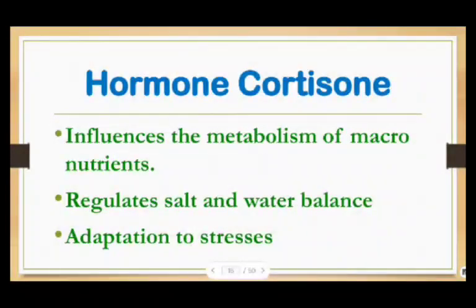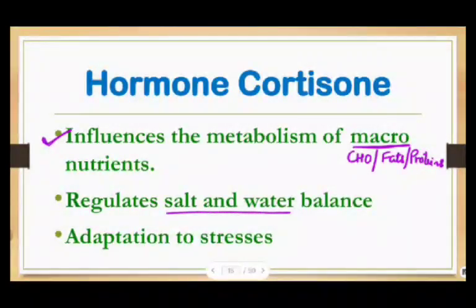So the hormone cortisol influences the metabolism of macronutrients. What are the macro? Macro means big, the bigger molecules. What are the macronutrients? The carbohydrates, the fats, and proteins. It regulates salt and water balance, and if water reduces in our body, blood flow and everything gets affected.